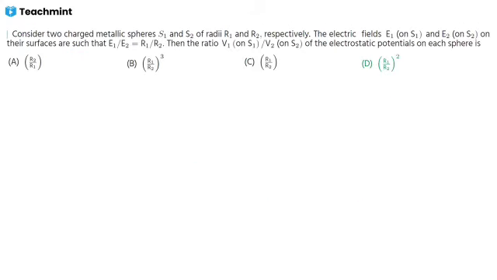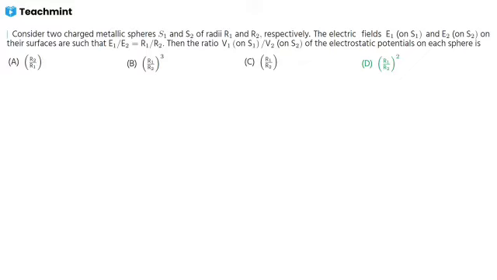Consider two charged metallic spheres S1 and S2 of radii R1 and R2 respectively. The electric fields E1 on S1 and E2 on S2 on their surfaces are such that E1 by E2 is equal to R1 by R2. Now they are asking for the ratio V1 by V2 of the electrostatic potentials on each sphere.